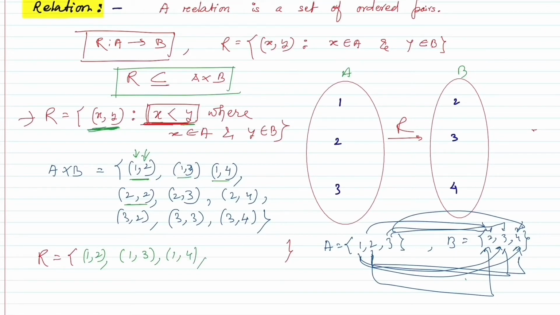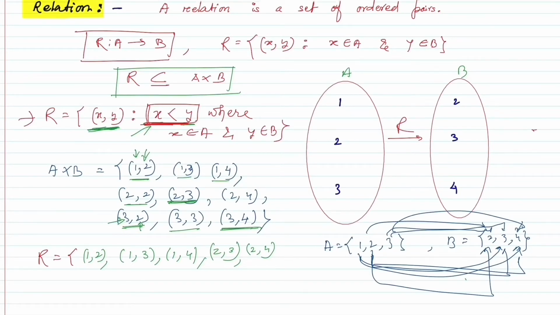Then in the next ordered pair, 2 is less than 3, so it satisfies the condition given in the relation R, so we can take this one as well, 2 comma 3. Then 2 comma 4, we can take 2 comma 4. Then we cannot take 3 comma 2 because here the first component is greater than the second, it is not less than the second. Then 3 comma 3 also cannot be taken, and 3 comma 4 can be taken here.